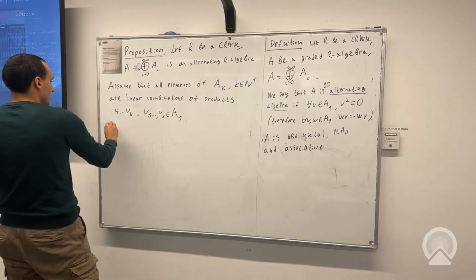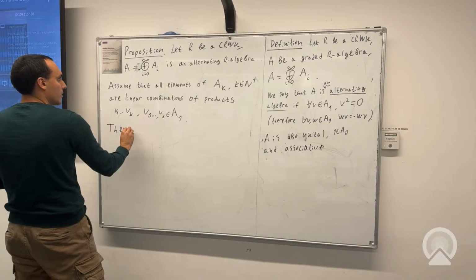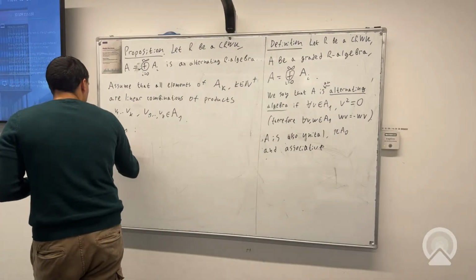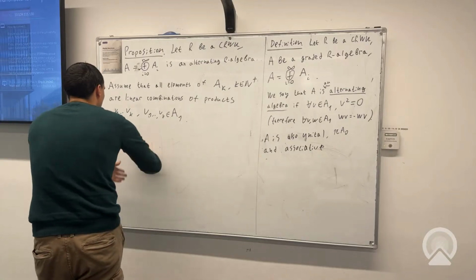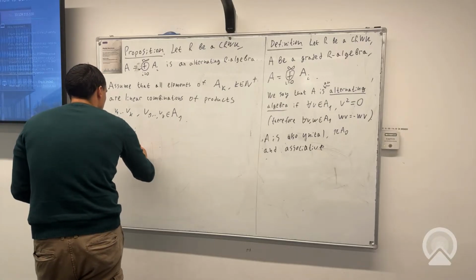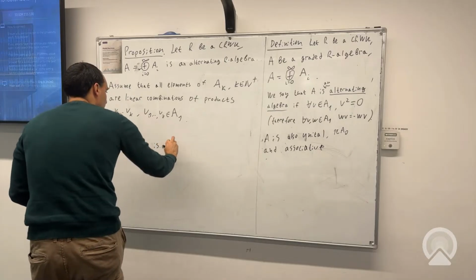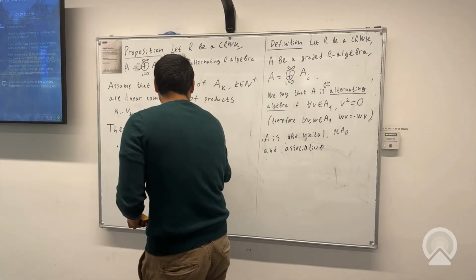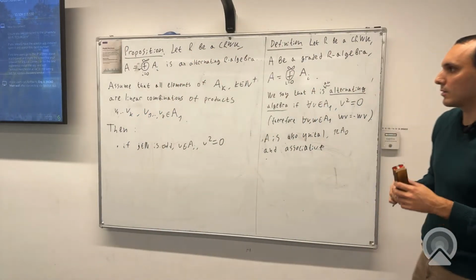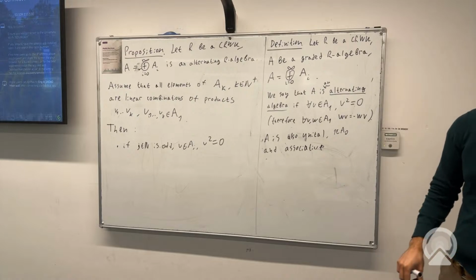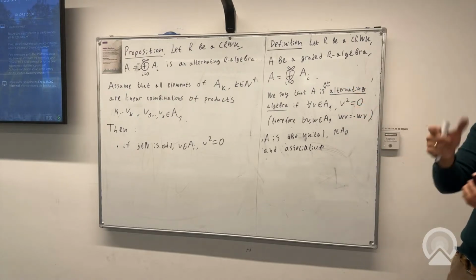And then if I is odd or J is odd, and V is in ij, V squared is 0. So do you mean the tensor products? No, we have algebra, so we have multiplication.